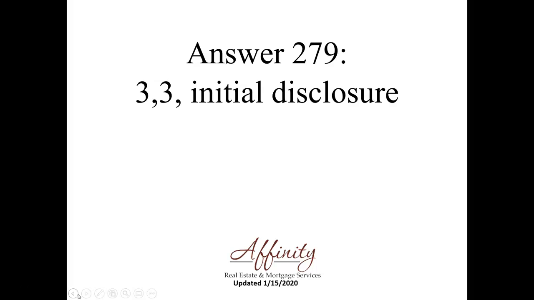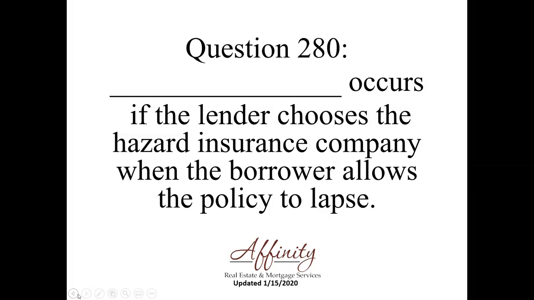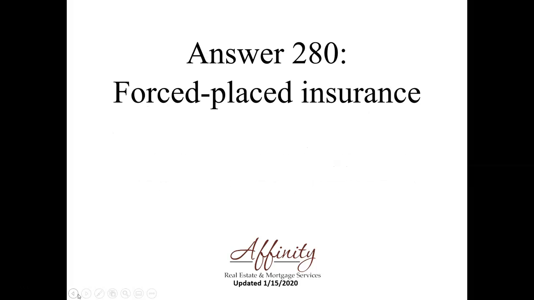The borrower changes his mind within 3 days, or the loan gets denied within 3 days. They do not have to get the initial disclosures. Question 280. What occurs if the lender chooses a hazard insurance company when the borrower allows the policy to lapse? Forced place insurance occurs.